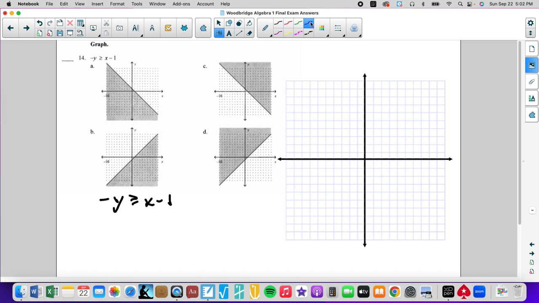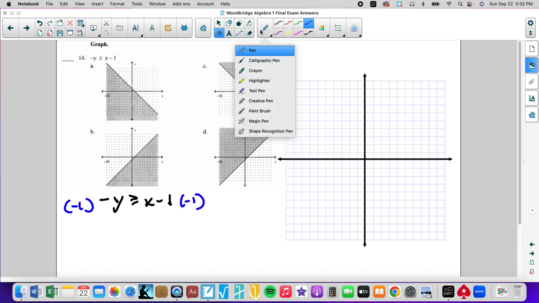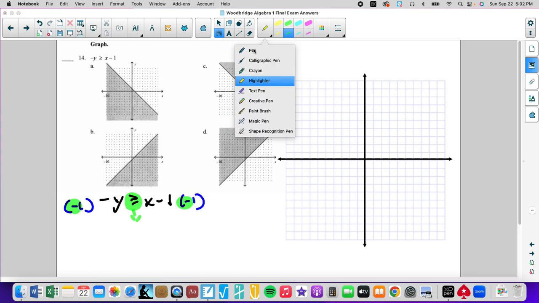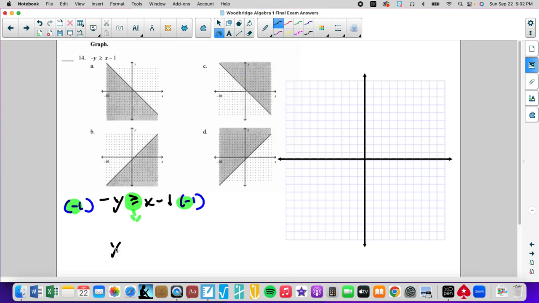I'm going to get y by itself because I want it in slope-intercept form. So I'll multiply both sides by negative 1. We need to recognize that if we multiply by a negative, then we have to flip our inequality. So the statement now becomes y is less than or equal to negative x plus 1.